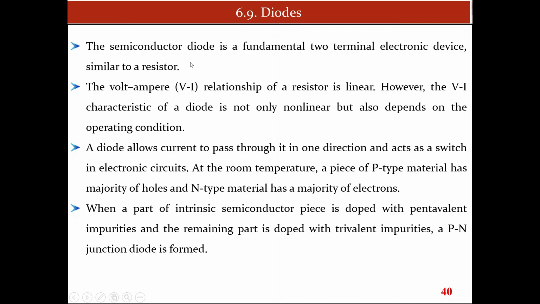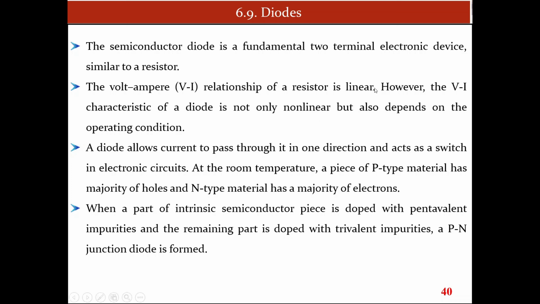The semiconductor diode is a fundamental two-terminal electronic device, similar to a resistor, which has 2 terminals. The volt-ampere relationship of a resistor is simple, a linear relationship. When you increase the voltage, there is a proportional increase in the current.